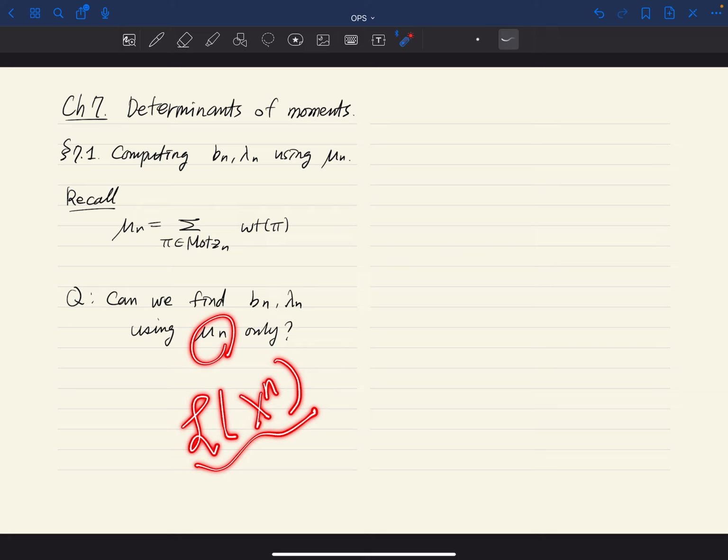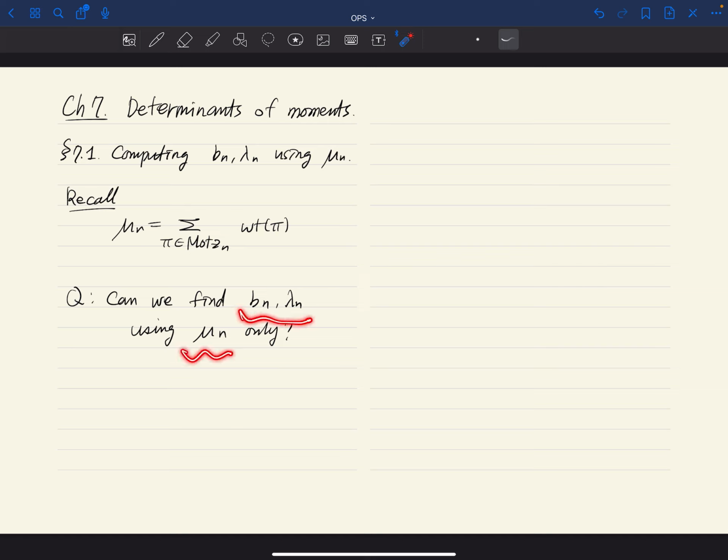That means it determines the polynomials, so of course it determines the recurrence coefficients. So in theory, this will determine bn and lambda n. But the question is, how can we compute? Can you find an explicit formula for bn and lambda n using mu n?